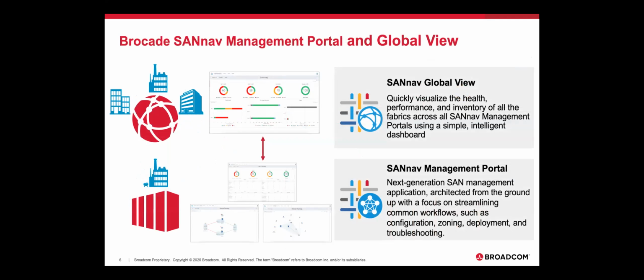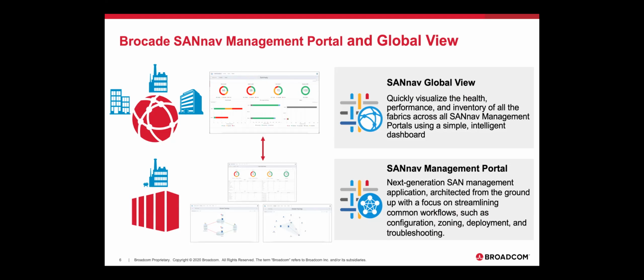The first one is SANNAV Global View. So SANNAV Global View is a tool that is useful for our customers that have many instances of management systems deployed all over the world. So let's say a customer has SAN managed over, let's say, 10 different geographical places, and they need to have 10 instances of a management portal, which I haven't introduced yet, but this is the same as BNA, if you will.